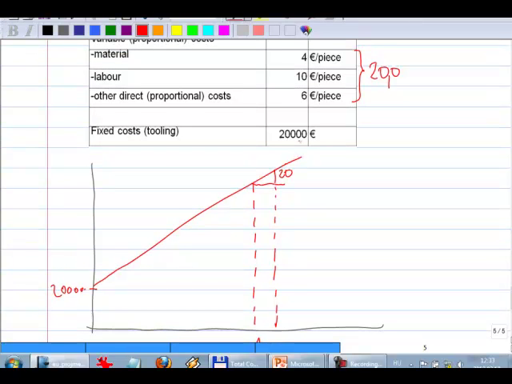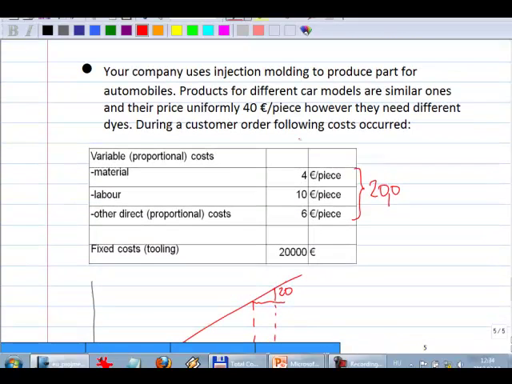Can we draw the revenue line? What is your opinion? Can we draw the revenue function, the income? How would you draw that?